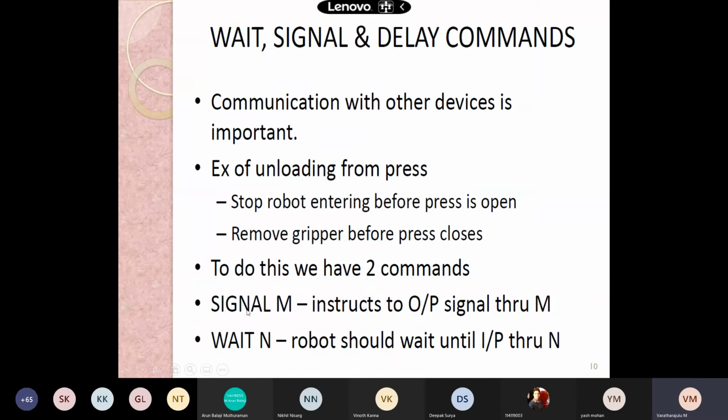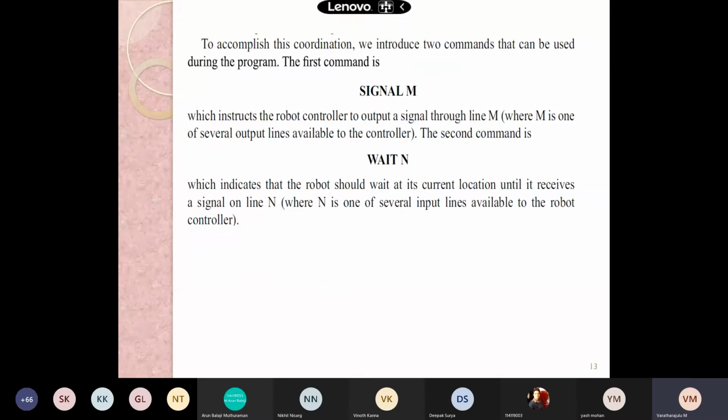Please make a note of this: signal M, which instructs the robot controller to output a signal through line M. And what might be line M?